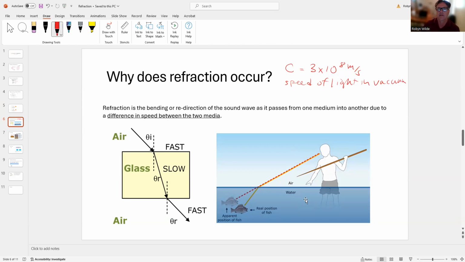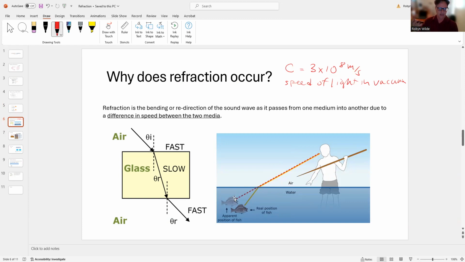Another example of what happens: let's say you're trying to catch a fish and you're looking into the water. Well, the light coming from the fish that you're going to see is coming up, but it's going to bend away from the normal because it's going from a slower medium to a faster air medium, right? And your brain always thinks the ray of light has come from straight.